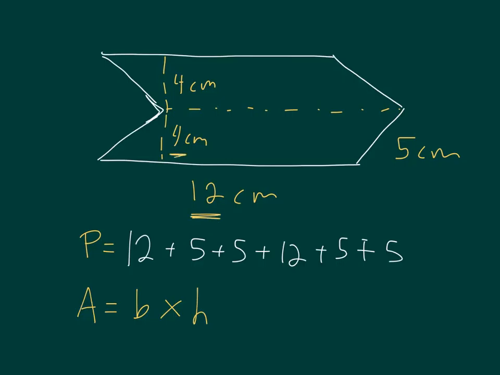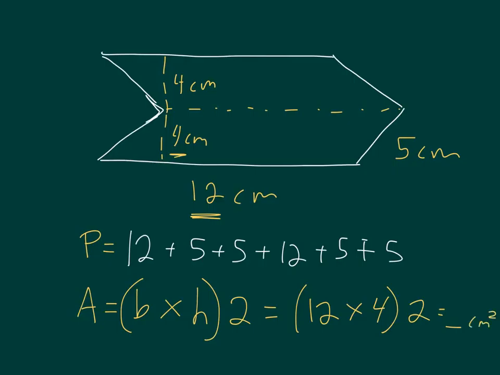But I have 2 of those. I have 2 identical parallelograms, so I'll have to do base times height and then multiply that by 2. So I could say that equals my base of 12 times my height of 4, and then I multiply that whole total by 2. And of course, this would be in centimeters squared or square centimeters, and the perimeter would just be in centimeters because it is distance.